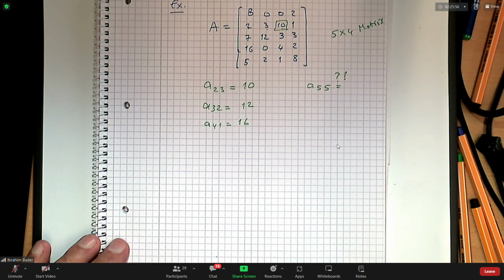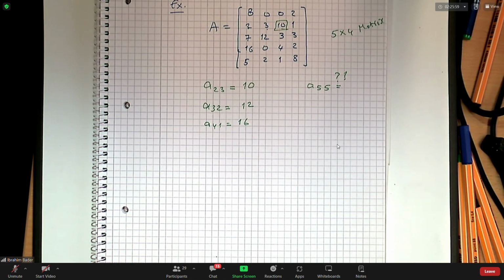Maybe sometimes students have problems imagining the real applications of matrices in life. But if you think about it, it's really there everywhere, right? For instance, a typical example: you are the owner of a sandwich shop and you have meat, chicken, and vegetarian sandwiches.